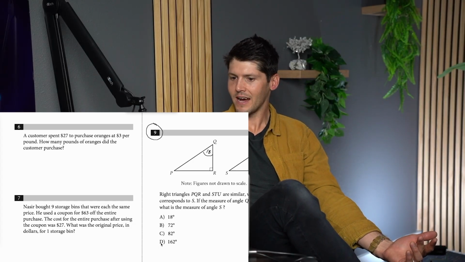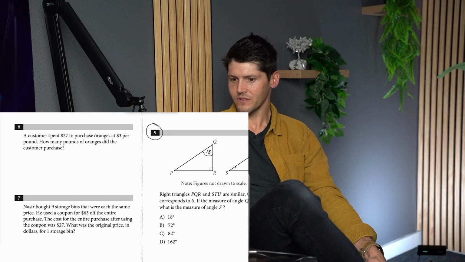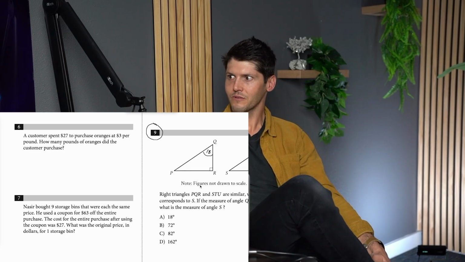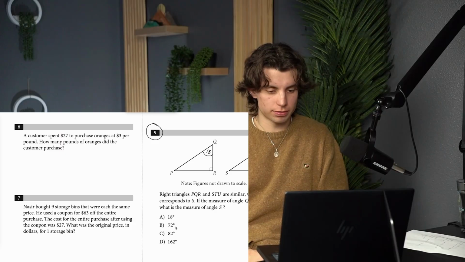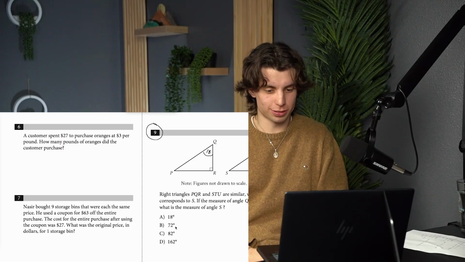So there's a high likelihood that one of those is right. And of course, the only difference is that S corresponds not with Q, but with Q's complementary angle. Right. And you especially know D's wrong because it's obtuse.